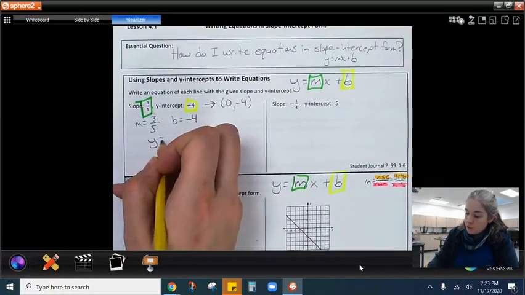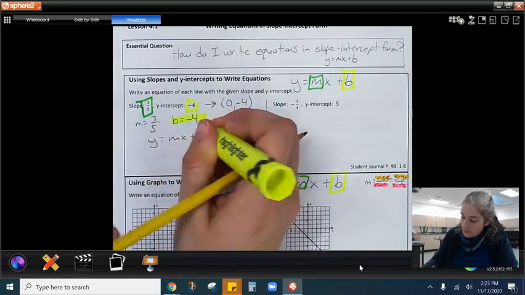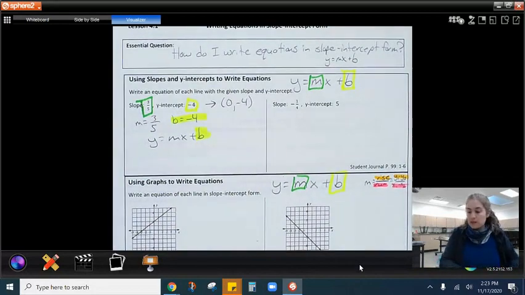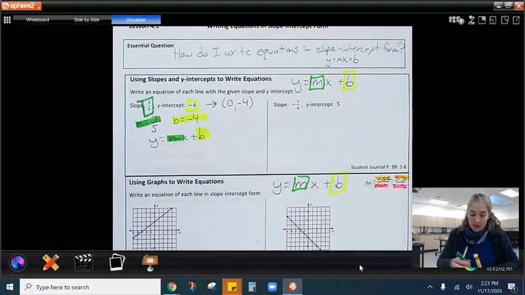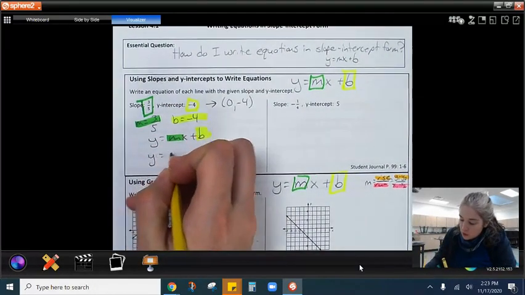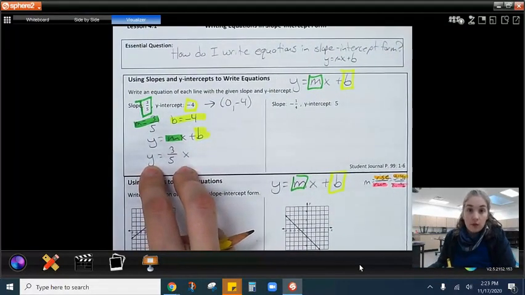So I'm just going to write down here y equals mx plus b. And what I'm going to do is substitute in the values that we have. So for my m, I'm going to substitute in 3/5. My x and my y just stay. They don't move, they don't do anything, they just hang out.